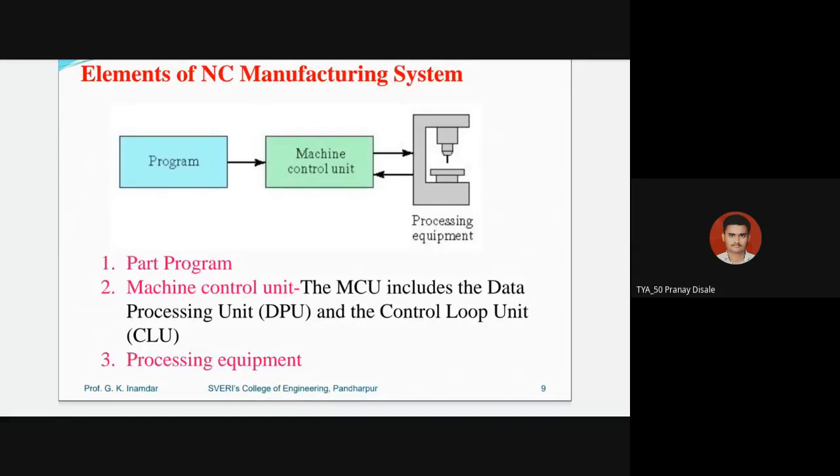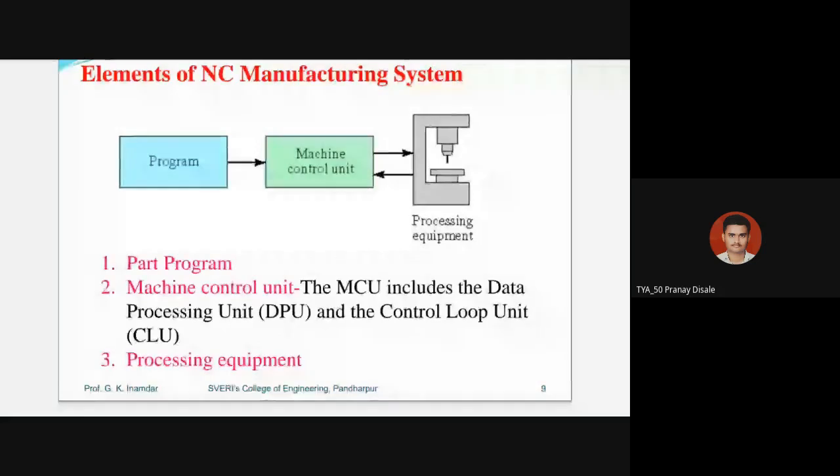Now this is nothing but a program. The process of writing the program is also available in our syllabus. In the next lecture we will create a program also, using different numbers, different alphabets and different symbols.